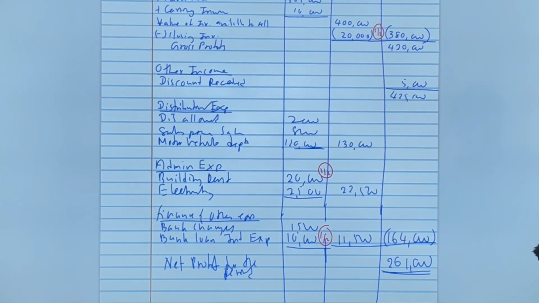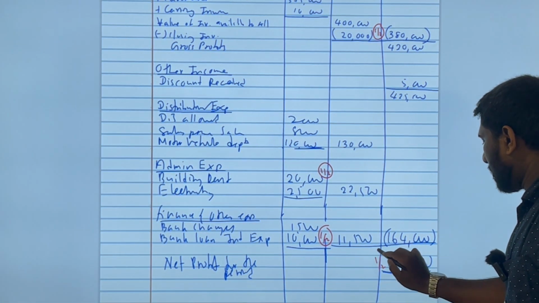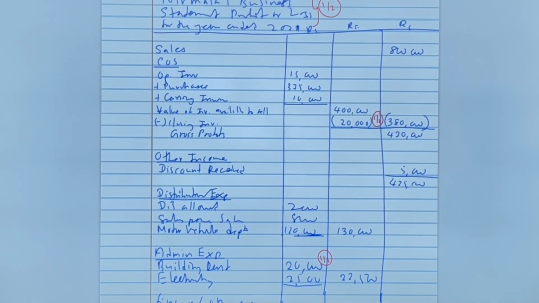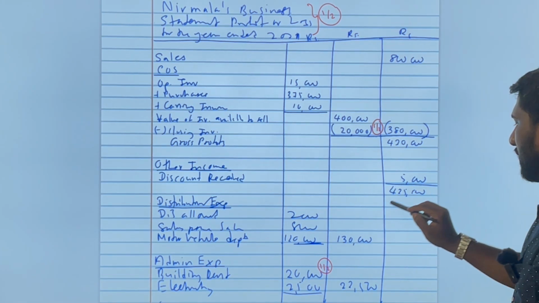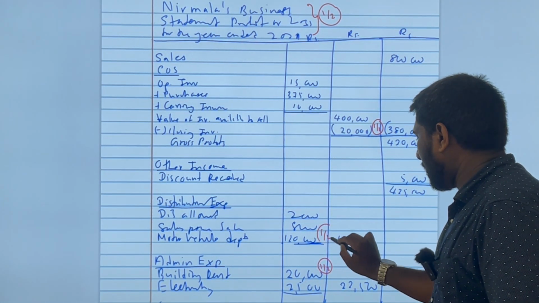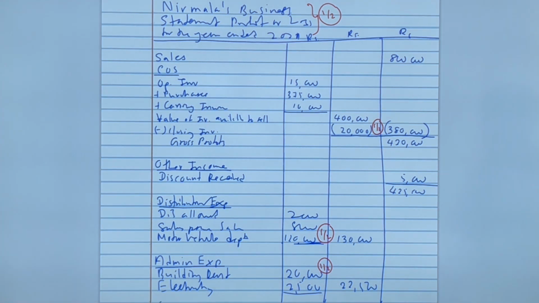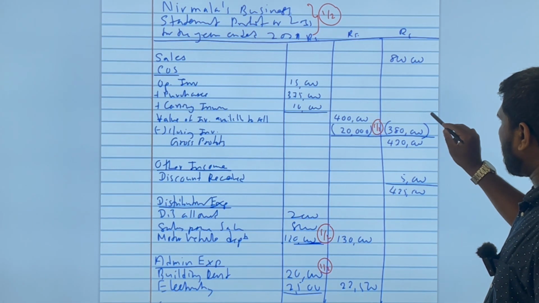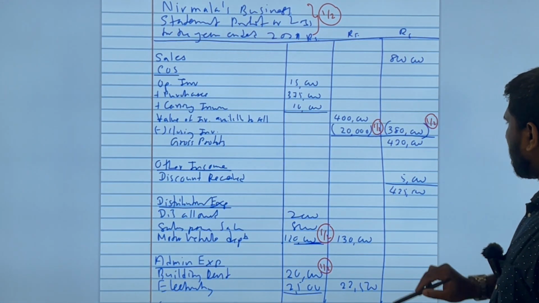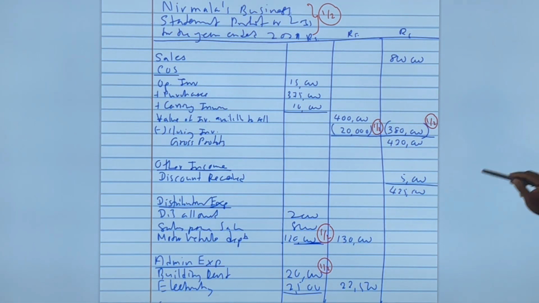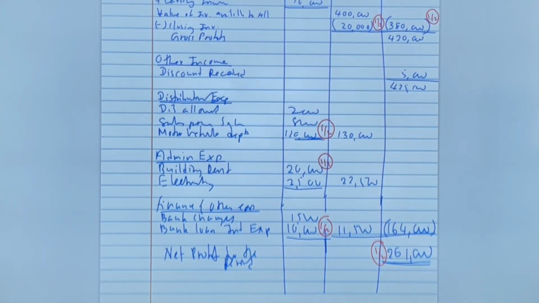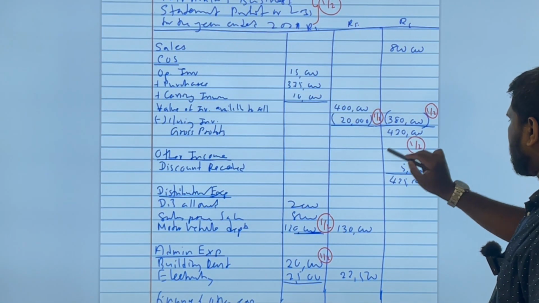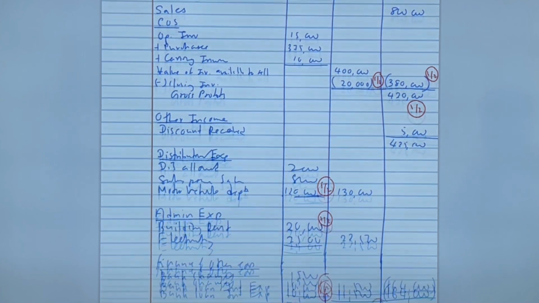For the net profit, half a mark, 2.5 marks. And for the vehicle depreciation, half a mark, 3 marks. And for the cost of sales, half a mark, 3.5. And you take another half a mark for gross profits. Then 4 marks in total.